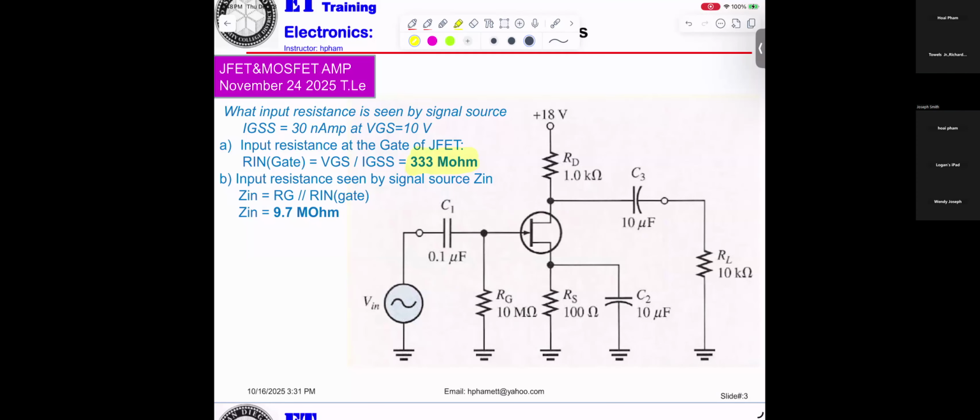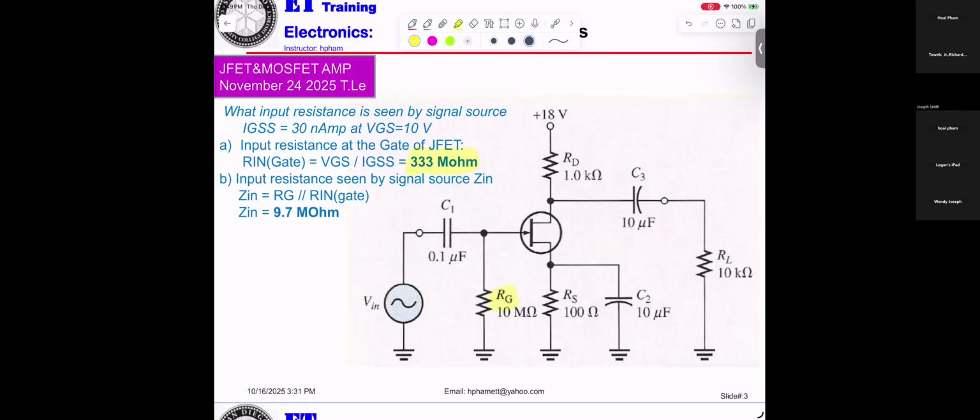Input resistance seen by signal source, G in. Okay. Input resistance seen by signal source will be R in gate parallel with RG. Okay. RG here. And R in gate.